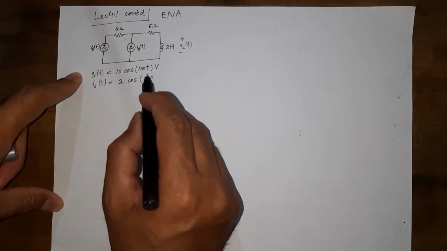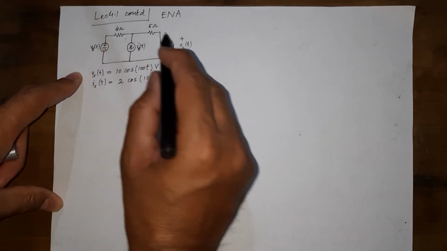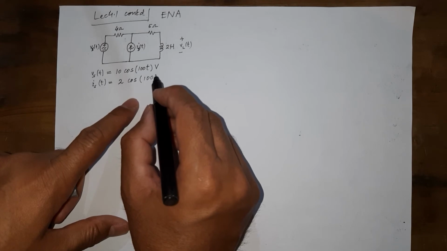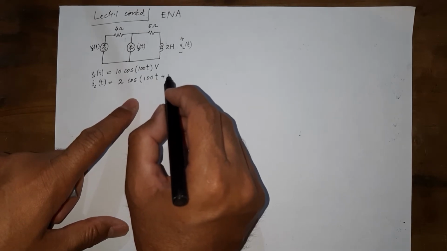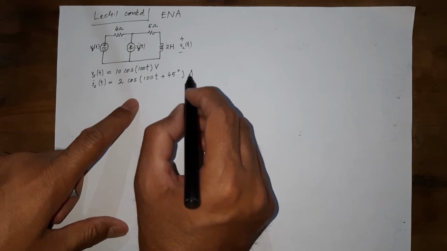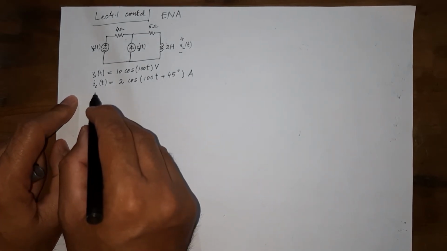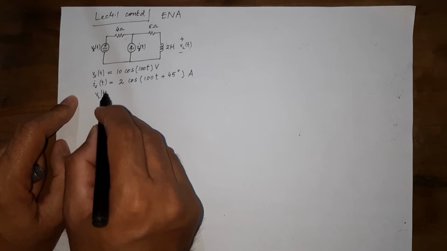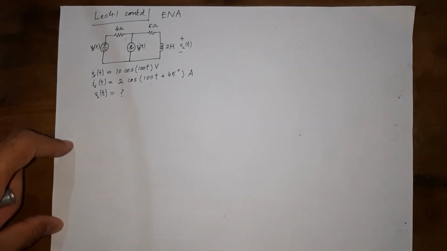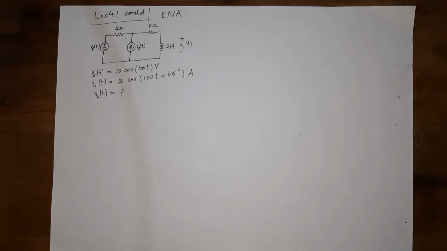The frequency needs to be the same because the whole circuit has to be operating at the same frequency. So the question is, what will VL(t) be? This is how a typical circuit will be presented to us.